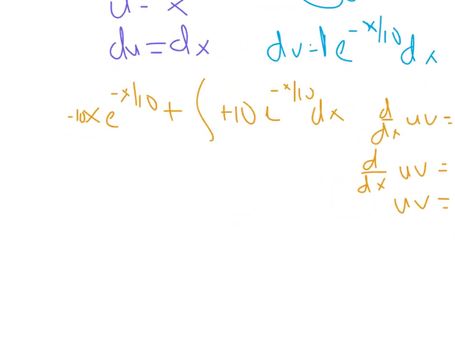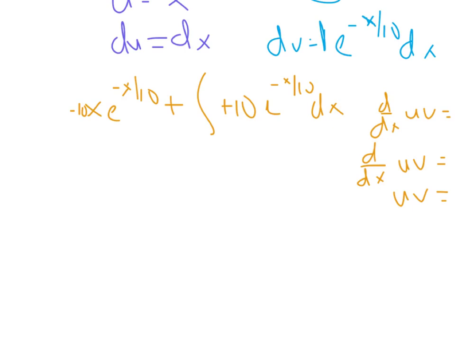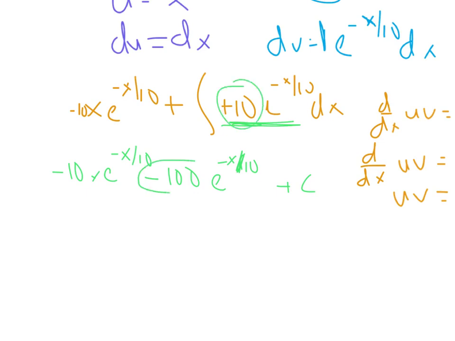So then I have negative 10x e to the negative x over 10 plus, well, this is e to the negative x over 10. Instead of 10, I want to put, not a plus, minus 100, plus c. Now I put a minus 100 because when I take the derivative of e to the negative x over 10, I'll have a negative 1/10 pop out, so that'll make this negative 100 become a 10.